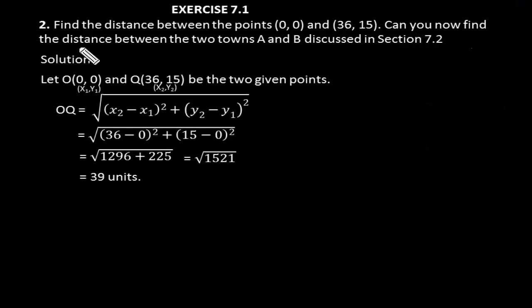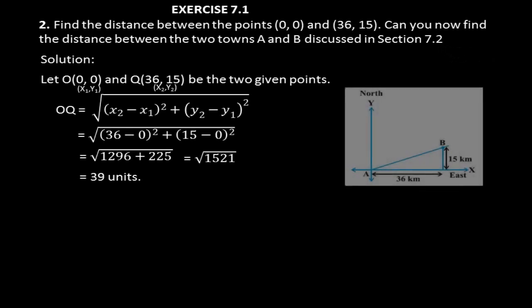Now let us move to the second part of this question. Now we have to find the distance between the two towns A and B discussed in section 7.2. So what is that given diagram? I will give you the given diagram. This is the diagram which is given in section 7.2. We have to find the distance between A and B. Where is A? Now A is at the origin, at 0, 0.